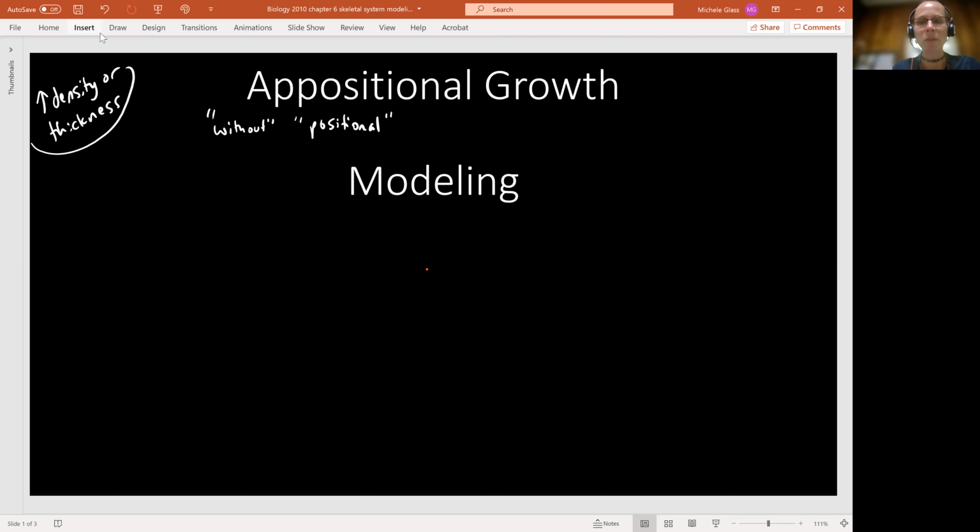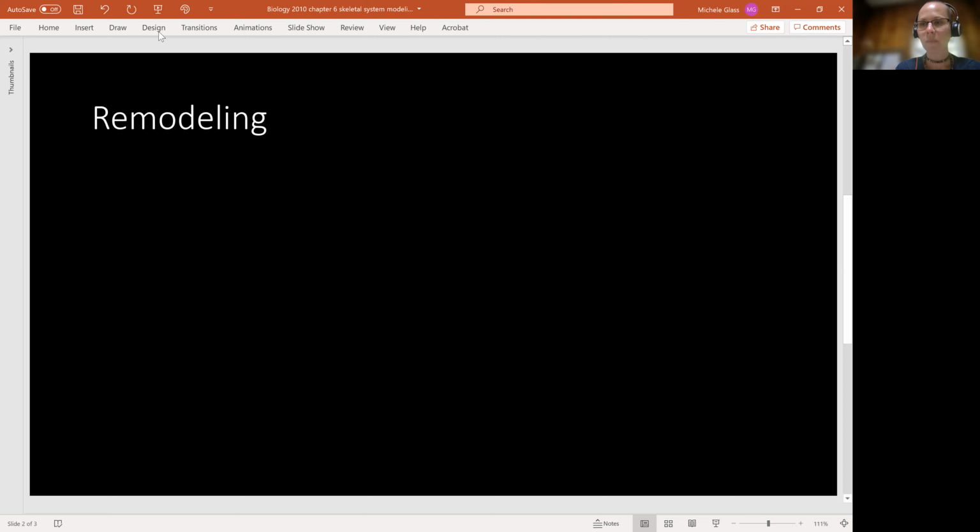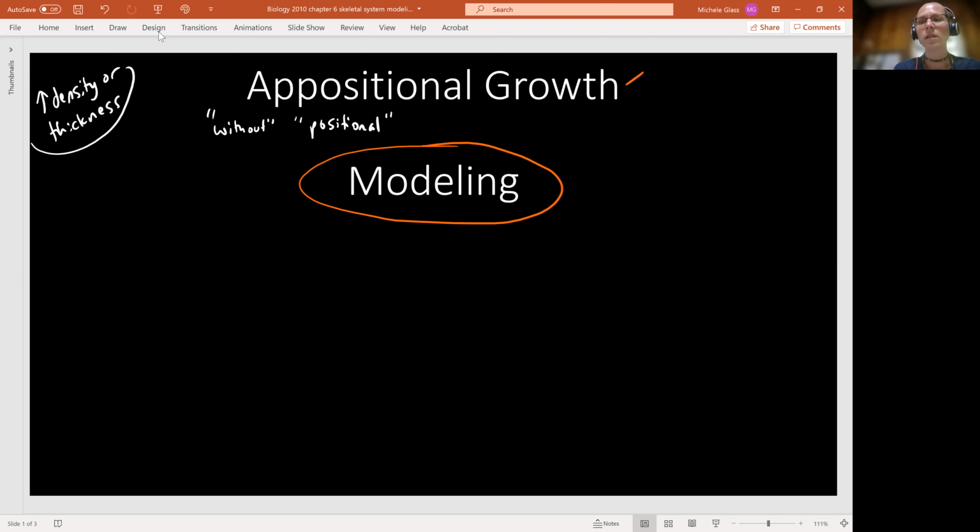And this process of appositional growth involves what's called modeling. And we're going to see with growth that we do get the cell types of osteoblasts and osteoclasts involved. We didn't really talk about osteoclasts as being involved in that elongation.